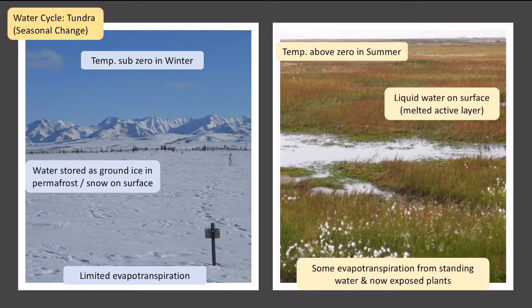And there are other physical factors I'll talk about later on that aid that. So there is a little bit of evapotranspiration as we have this short growing season here, and obviously the water sits in these pools on the surface. In the winter, there is very limited evapotranspiration because there's very little vegetation at that point.